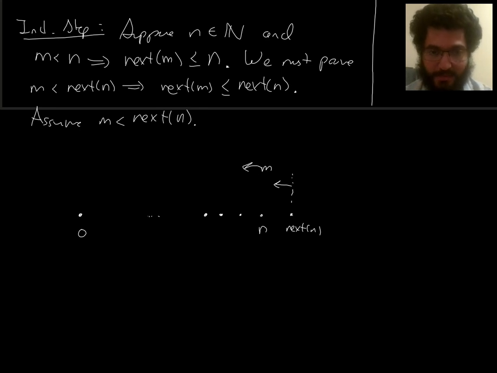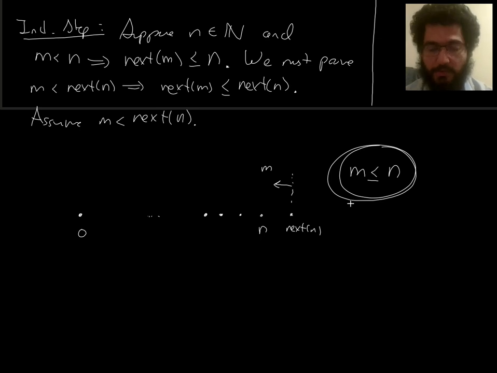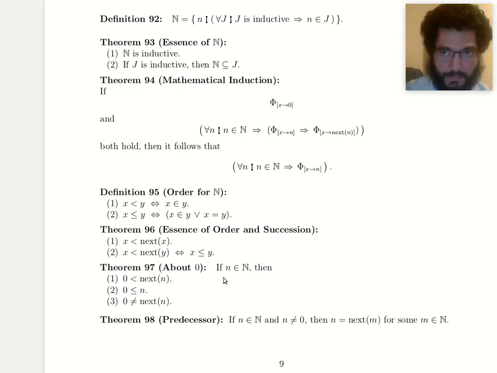In other words, this is the or statement that my case split would be all about. This is less than or equal to. But that's essentially what I have here, right? The less than with the next symbol next to it. Those mush together to become this symbol. Again, it's not by definition, but it's by this theorem you proved on your homework, which immediately follows from the definition, pretty quickly.